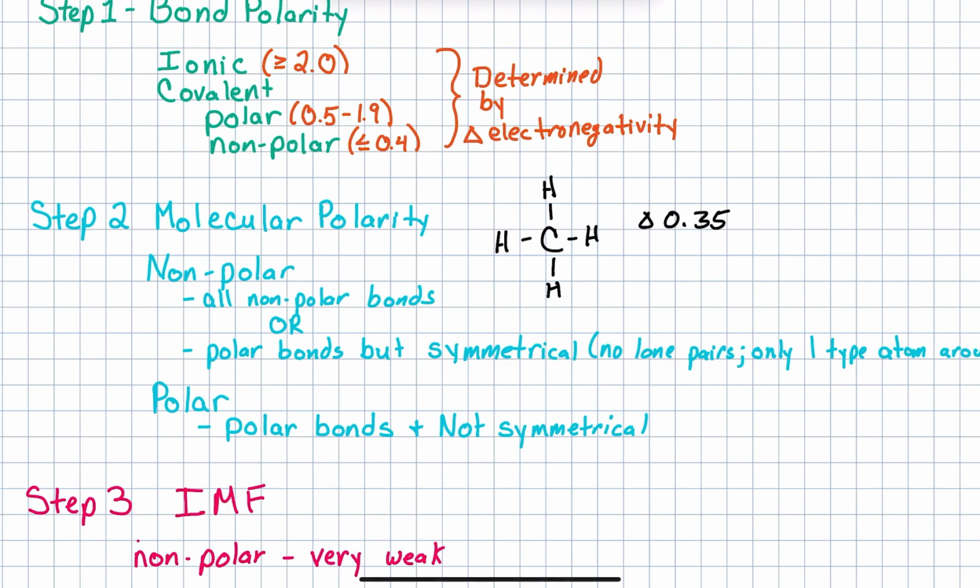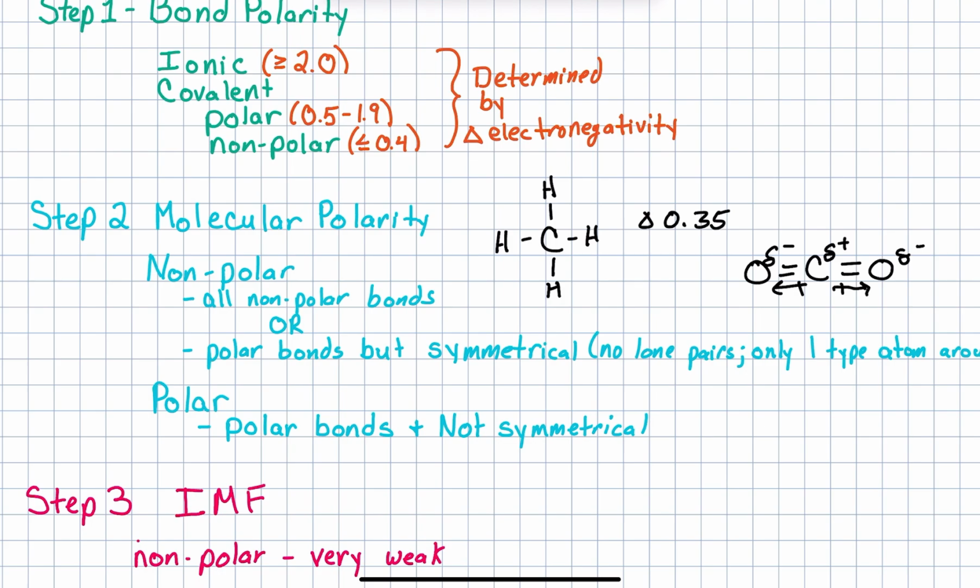If there are polar bonds, so for example, in my carbon dioxide, this is a polar bond towards the oxygen. Don't forget your dipole moments and your dipoles. A lot of you have been forgetting those, and those are easy points to lose on a test.